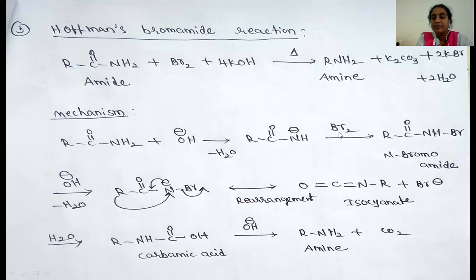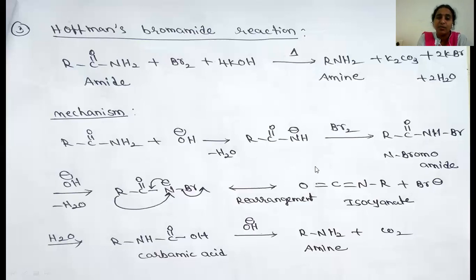Now when this reacts with the halogen, one bromine exists as a plus charge and another Br exists as a minus charge. This nitrogen, which has one lone pair of electrons, donates electrons to the bromine, and simultaneously Br minus is liberated. Finally, this produces the N-bromoamide.